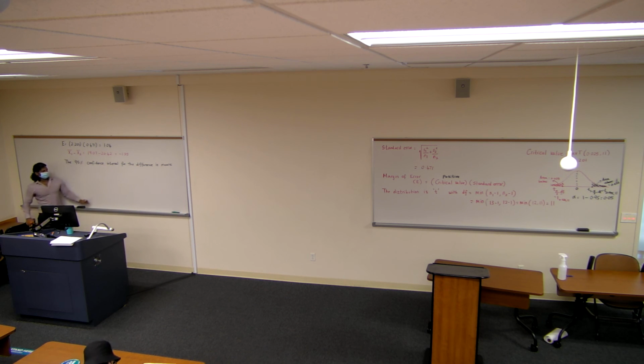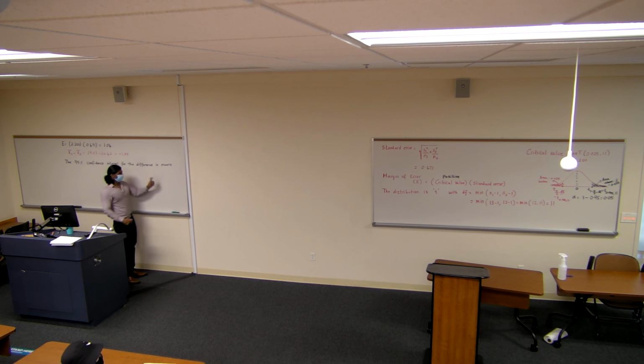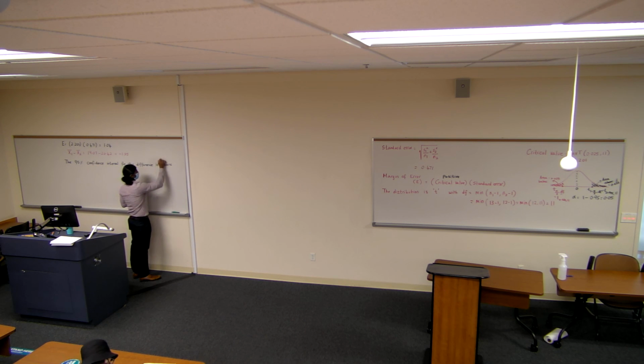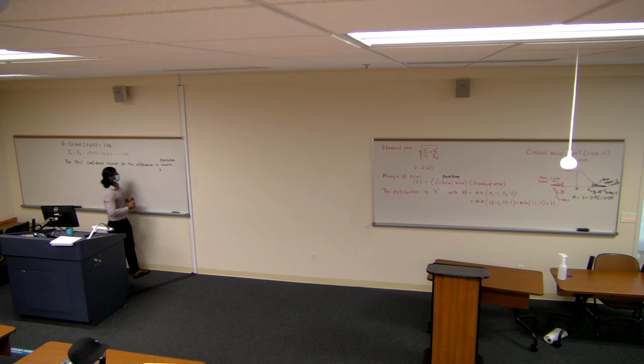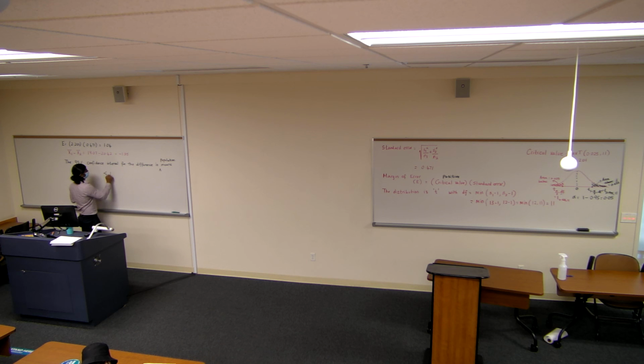The 95% confidence interval for the difference in means, by means I actually refer to population means, which is simply mu1 minus mu2. And how do we find that interval? We make use of the sample mean difference, which is x1 bar minus x2 bar.